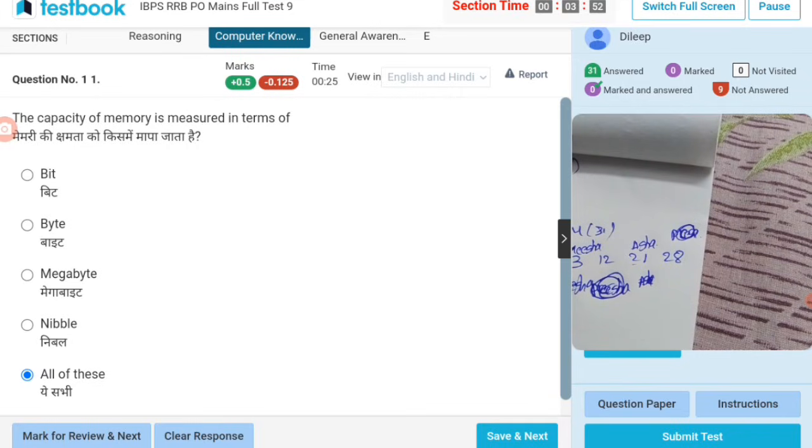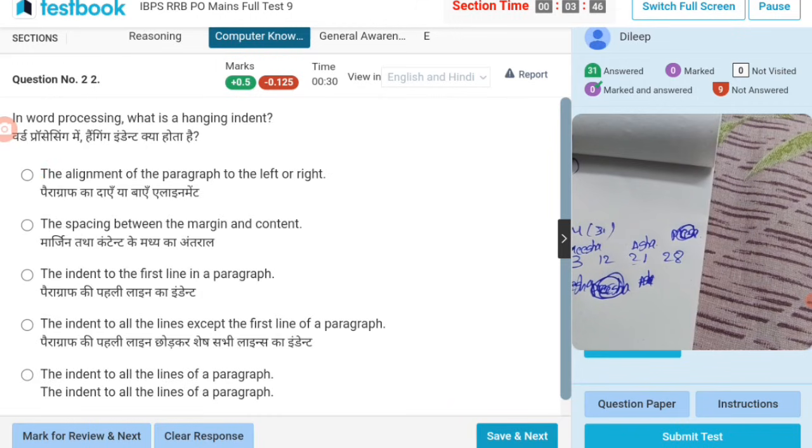The capacity of memory is measured in terms of. In word processing, what is the hanging indent?